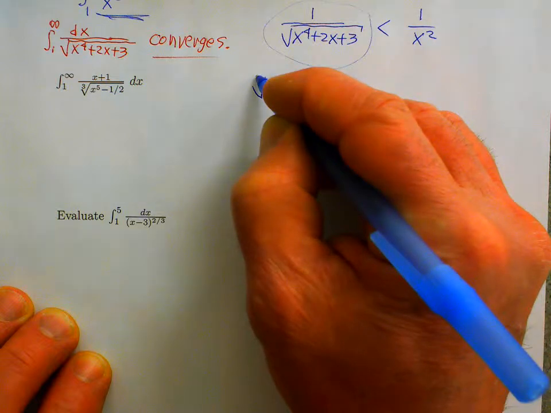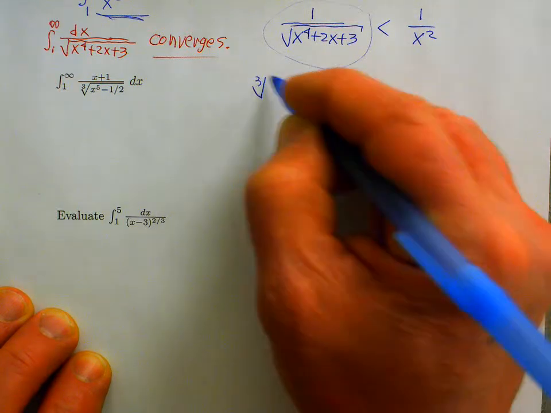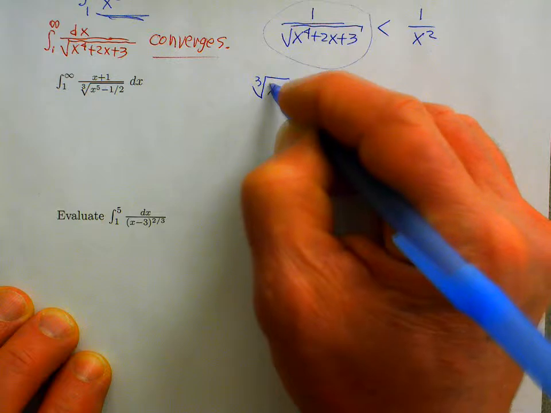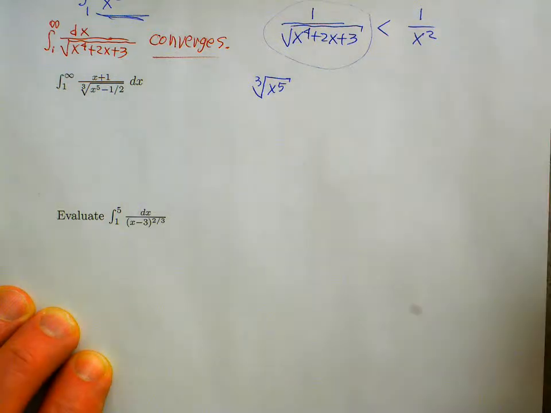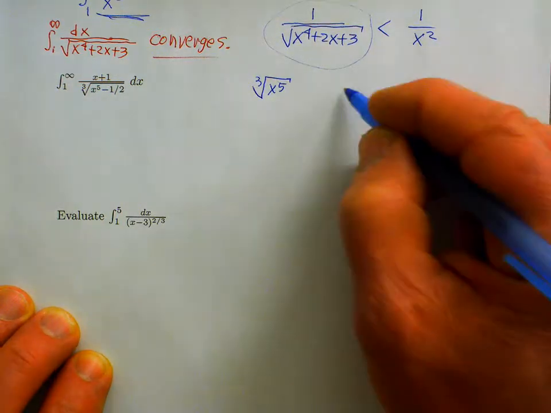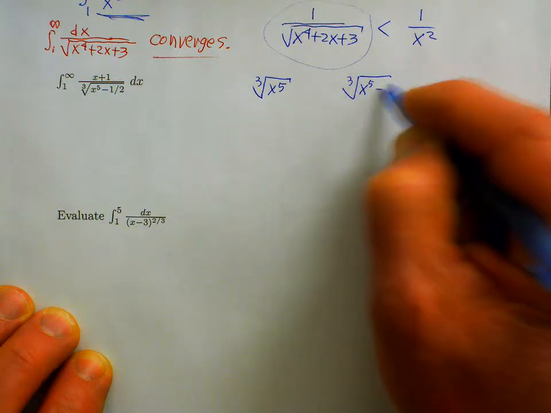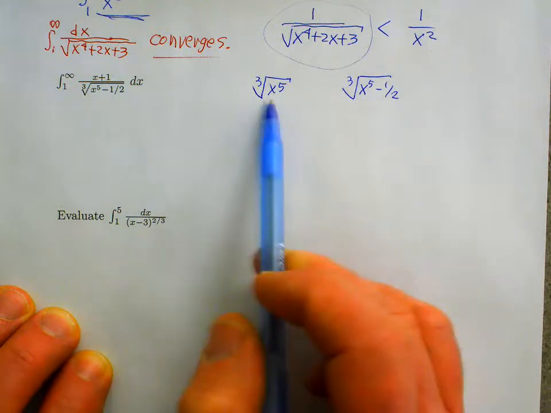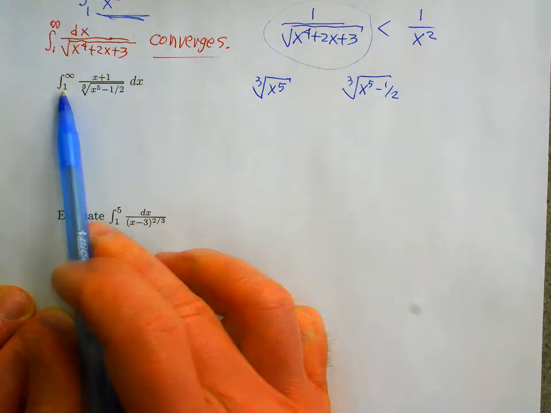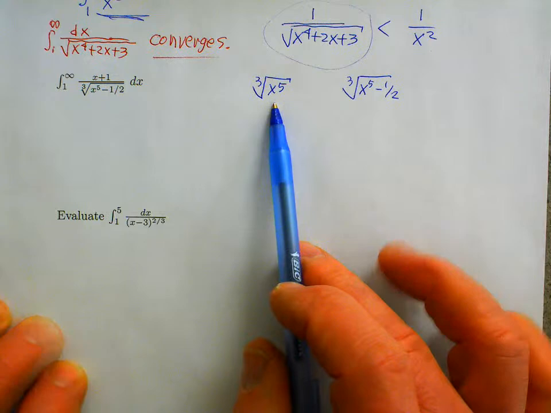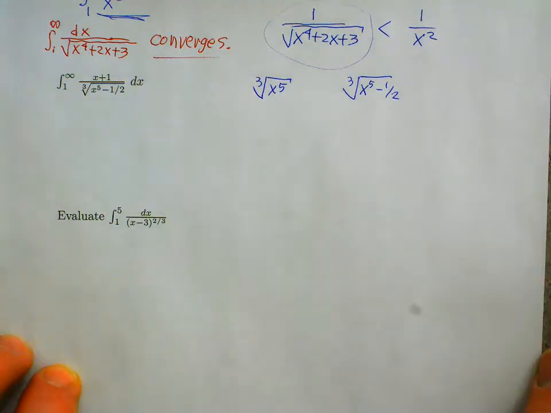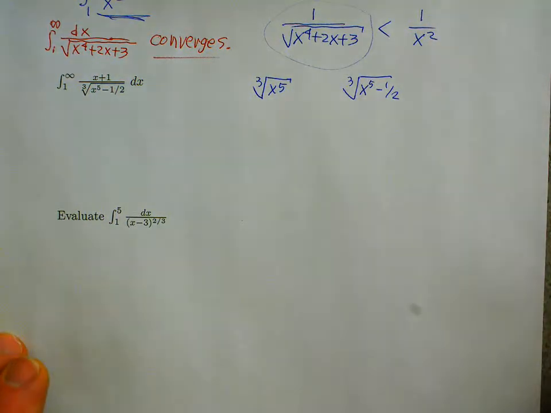So if I compare the cubed root of x to the fifth with the cubed root of x to the fifth minus 1/2, these are for values of x greater than or equal to 1. So which one of those numbers is larger for x greater than or equal to 1?